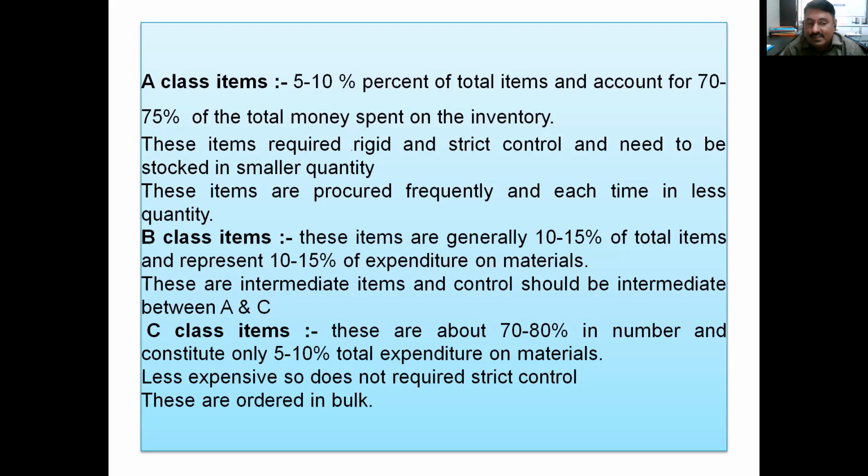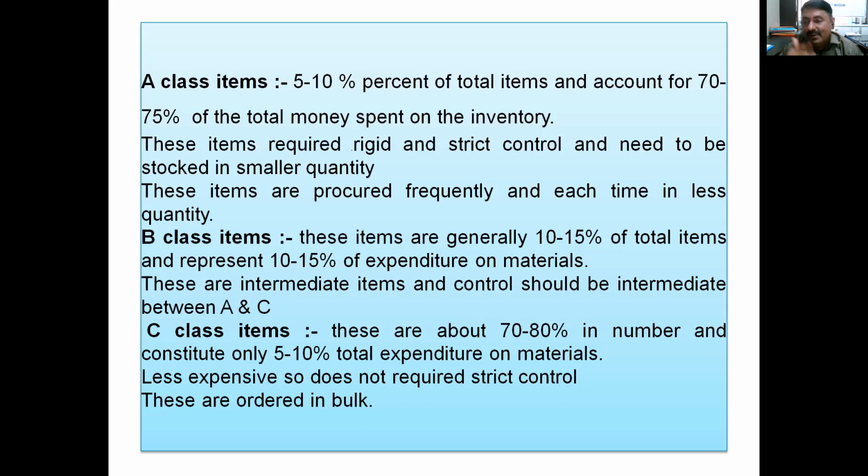Now B-class items. These are generally 10 to 15% of the total items and represent 10 to 15% of expenditure on the material.